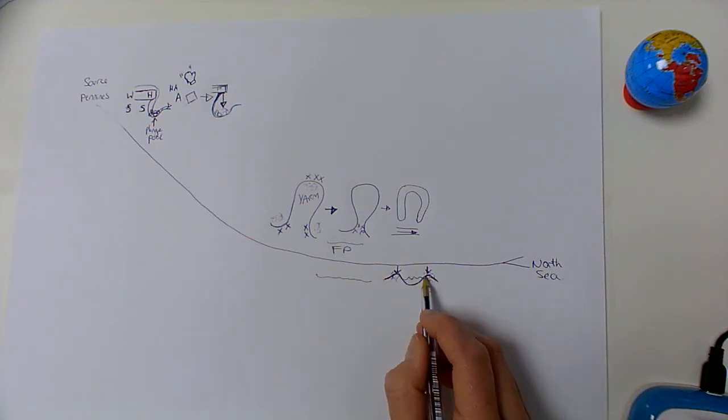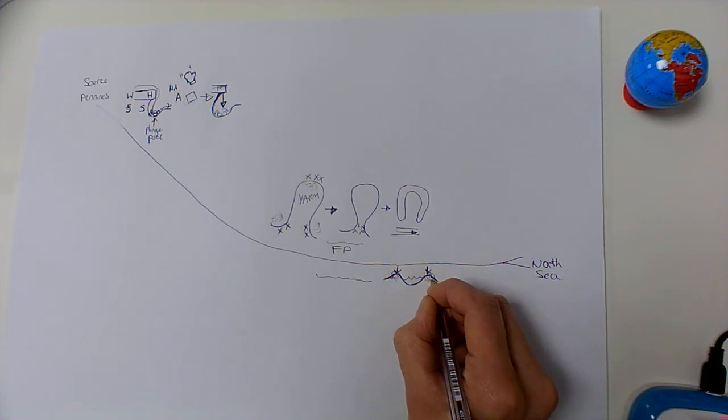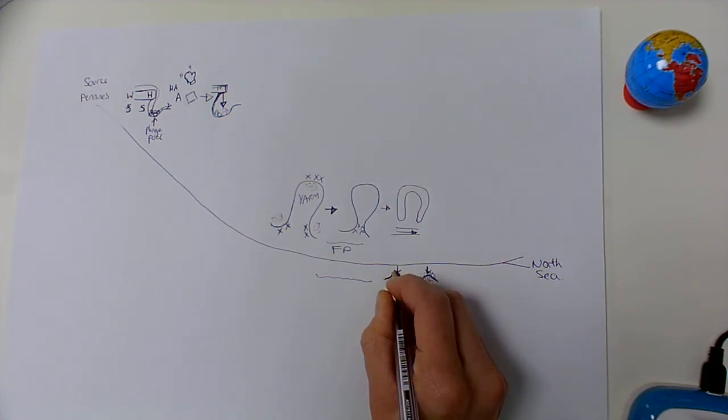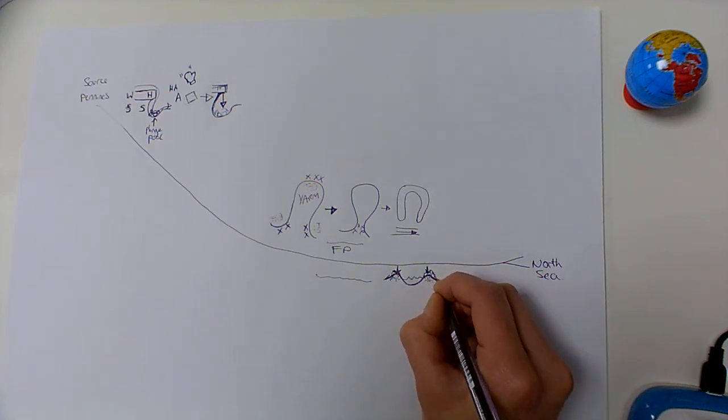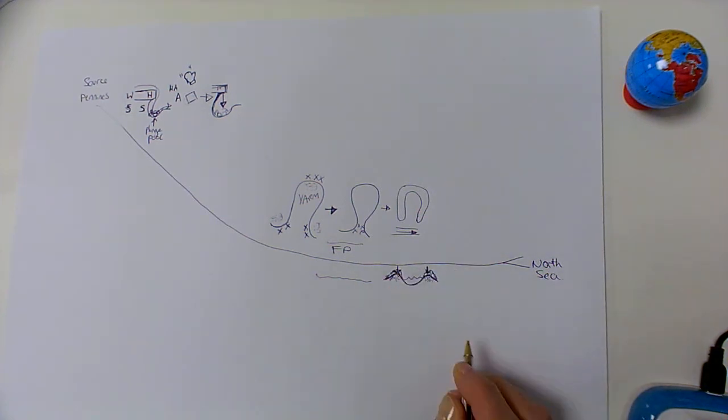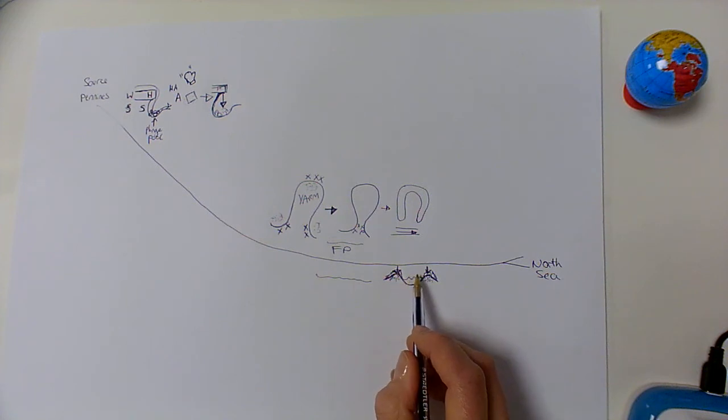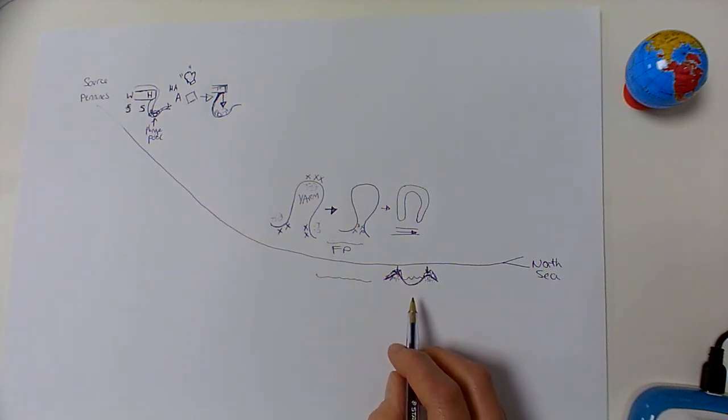Over time these levees will build up along the side of the river channel, so you get slightly larger levees, naturally increasing the capacity of a river to hold more water.